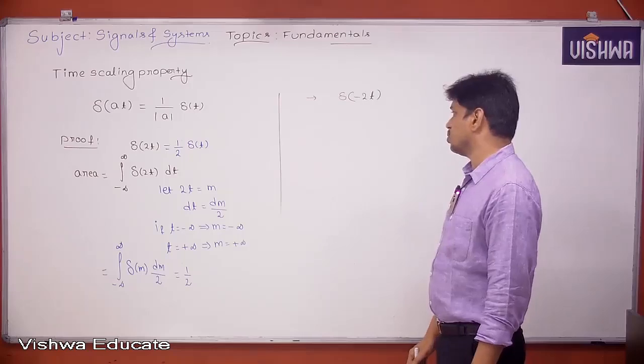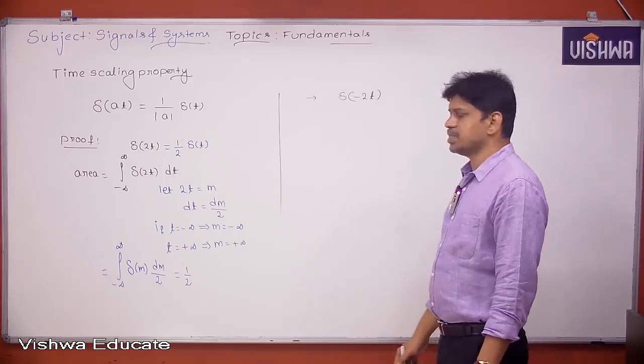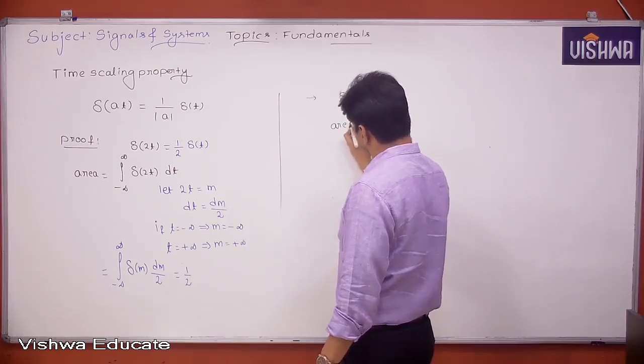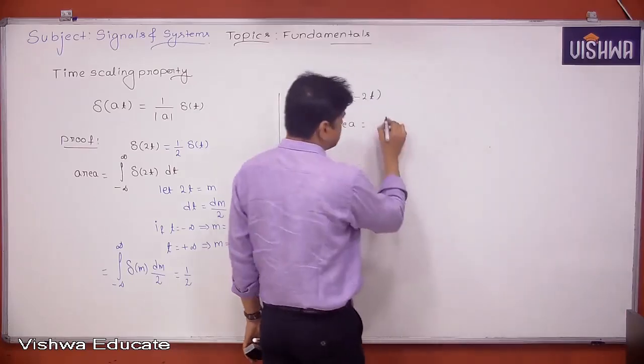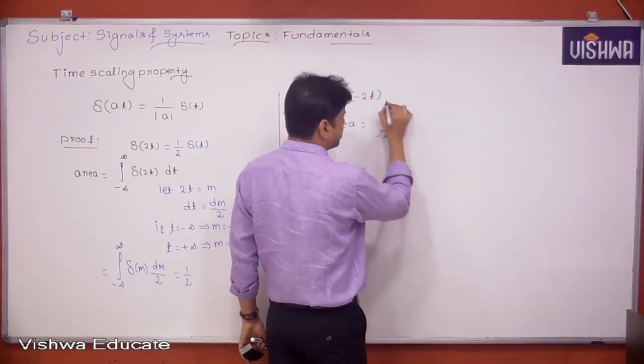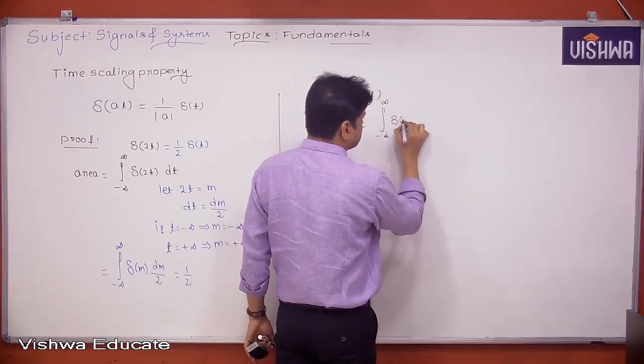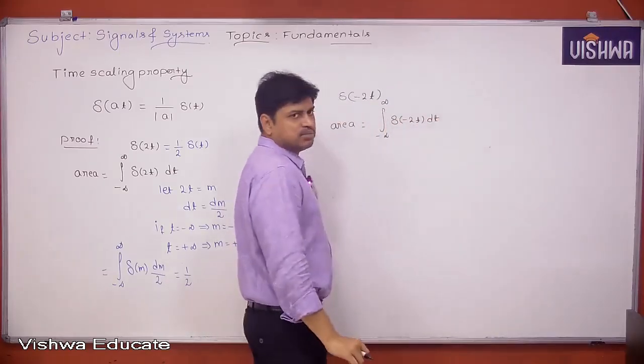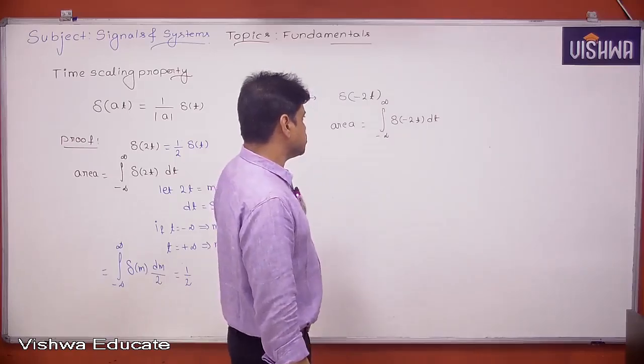That means t is equal to 0 only. But we are concentrating on the area now. Area is equal to the integral from minus infinity to infinity of delta minus 2t dt. This is the area definition.